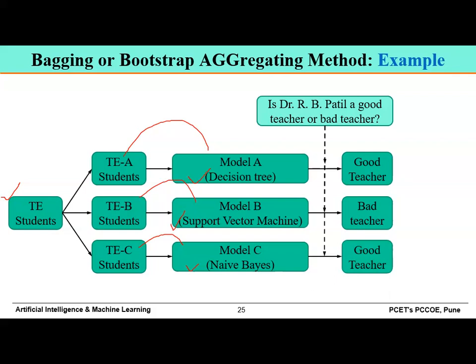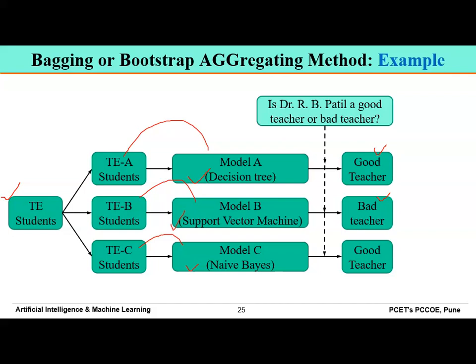So we have three samples, we have three models, and each model provided some outcome. Now what you need to do is count how many samples are saying I am a good teacher, and how many are saying I am a bad teacher, right? And based on the majority we will draw the conclusion.